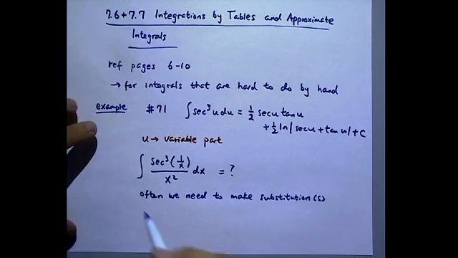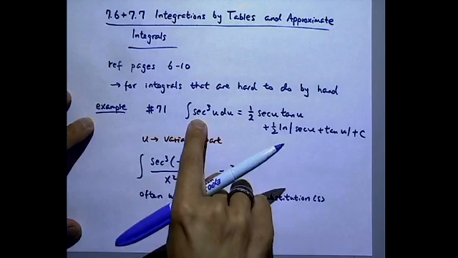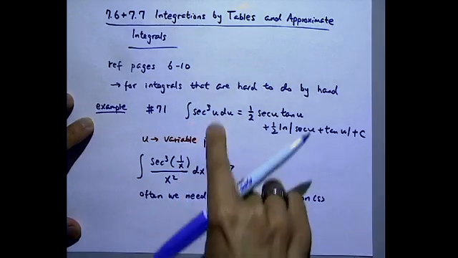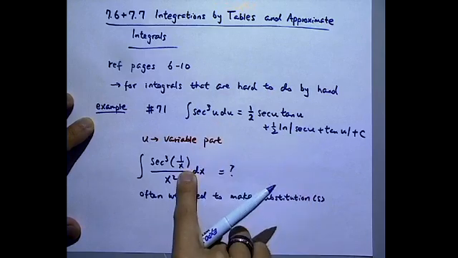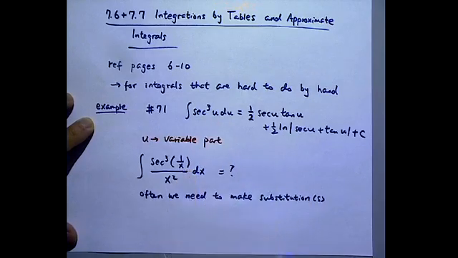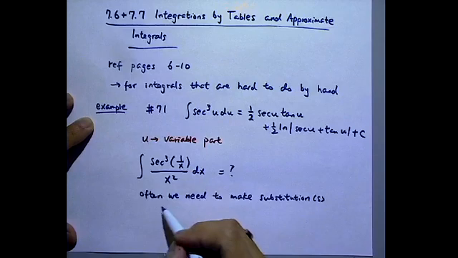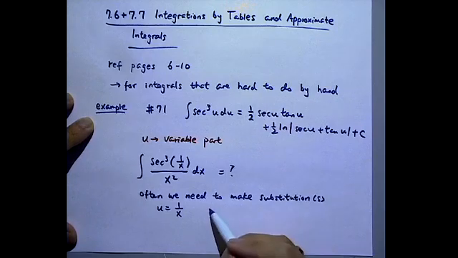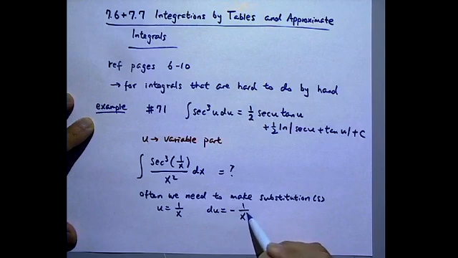So the clue I have here is, let's start with u equal to 1 over x and see where that leaves me. If u is equal to 1 over x, then we know that du is negative 1 over x squared dx.